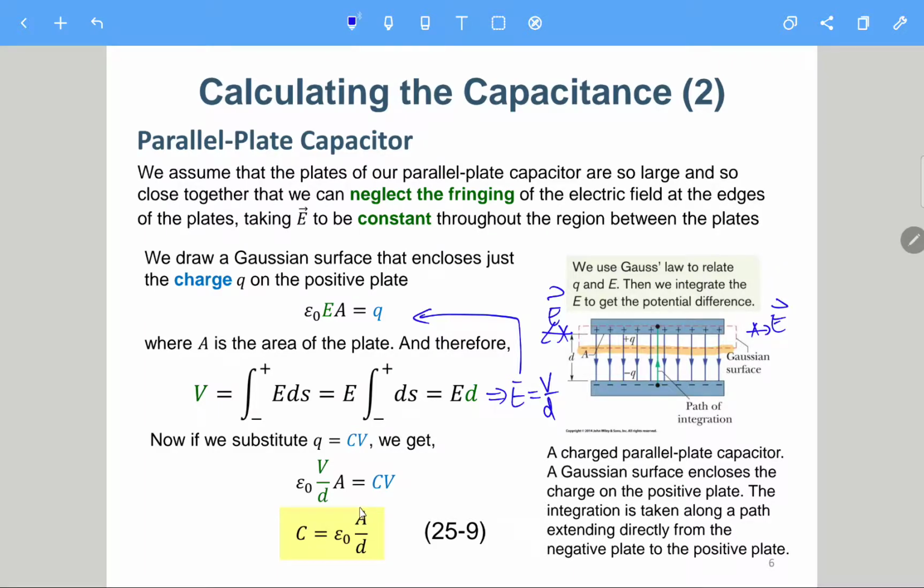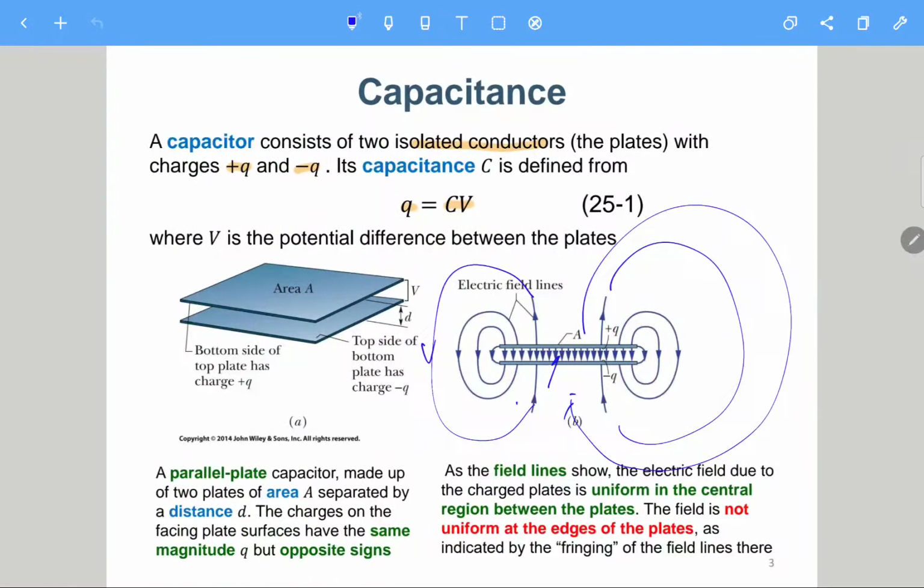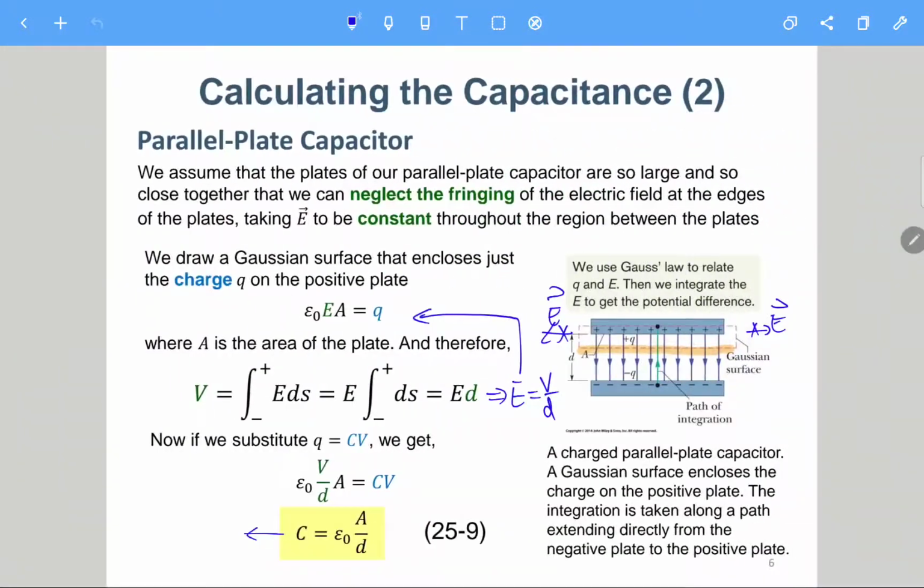A is the surface area, so the SI unit is m squared, and d is the distance, so the SI unit is m. For the capacitance, I'm not sure whether the SI unit is included there, so let me mention it here.